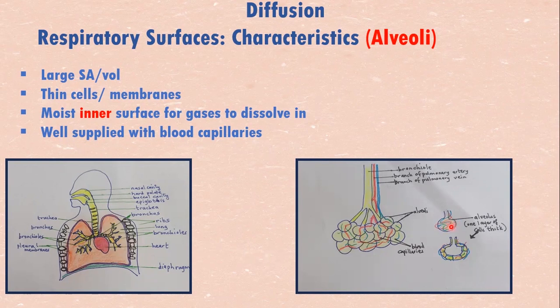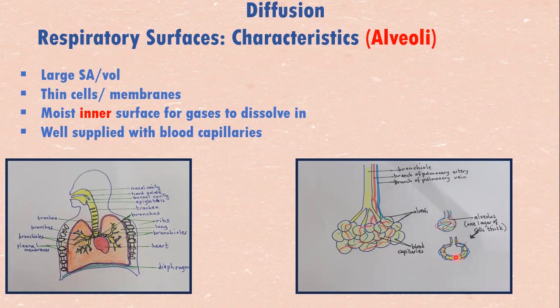And for the volume, they are thin. They have thin cells. An alveolus is made up of only one layer of thin cells, and the thin cells are epithelial cells, so that gases can move through easily. The surface inside the alveolus is moist, so that gases can dissolve in and move into the cells.